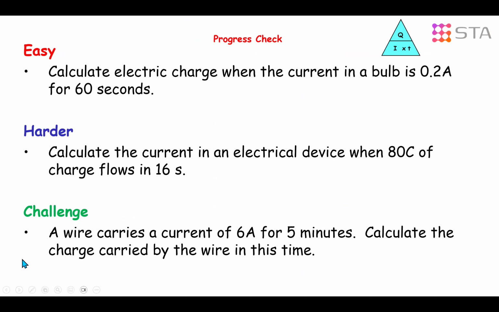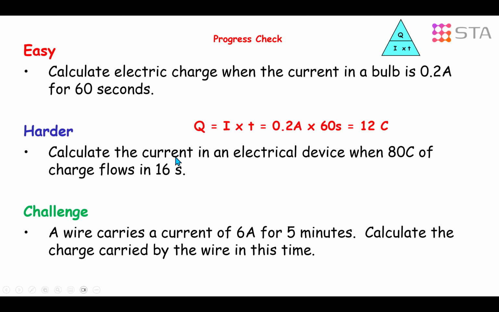So the first one, which is particularly easy, you're working out the electric charge, which is Q, when the current in a bulb is 0.2 amps for 60 seconds. As you can see from the triangle above, Q equals I times T equals 0.2 amps times 60 seconds equals 12 coulombs.